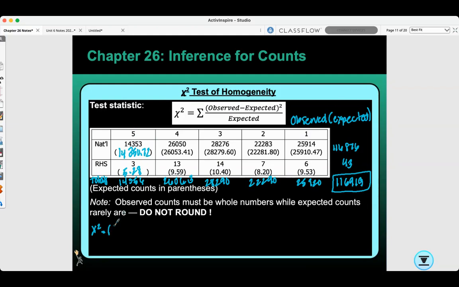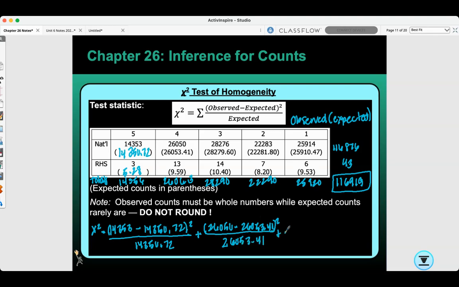So we would have 14,353 minus 14,350.72 all squared divided by 14,350.72, plus, then you could go across and you'd have 26,050 minus 26,053.41 all squared, all divided by 26,053.41, plus, then you can go to the last one where we would have 6 minus 9.53 all squared divided by 9.53.